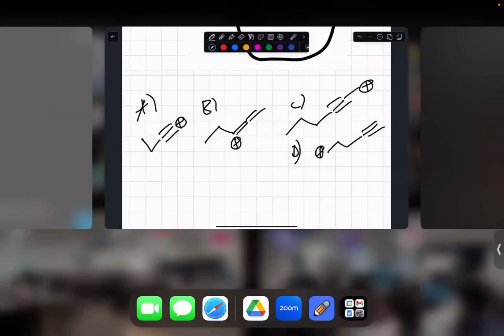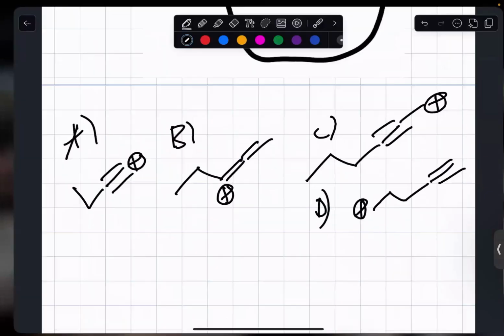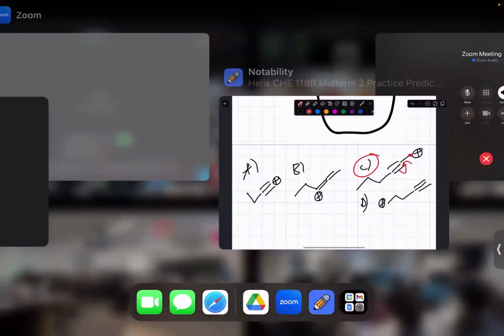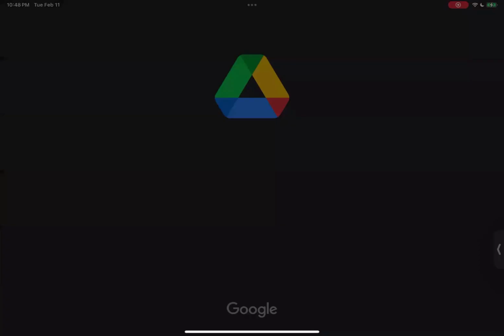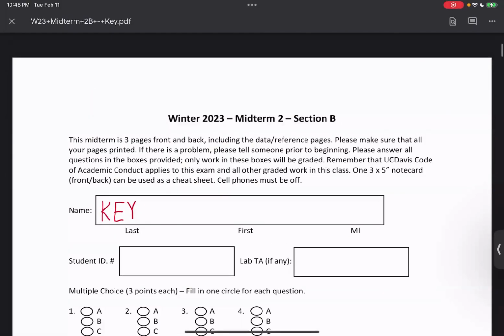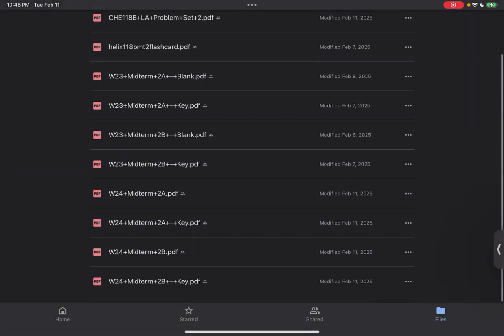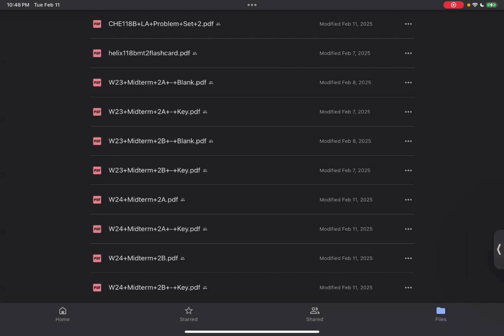Okay, and the answer would be C because it is on a propargylic position, which can do resonance with the alkyne. Okay, let's go over spectroscopy first, and then I'll review that after.